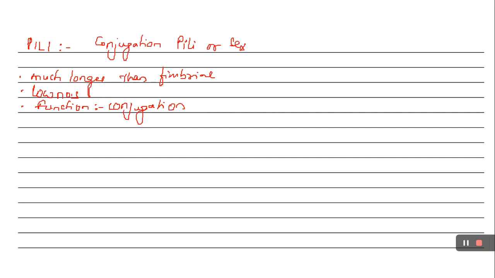These pili are absent in gram-positive bacteria and present in gram-negative bacteria. So this was about pili and fimbriae.